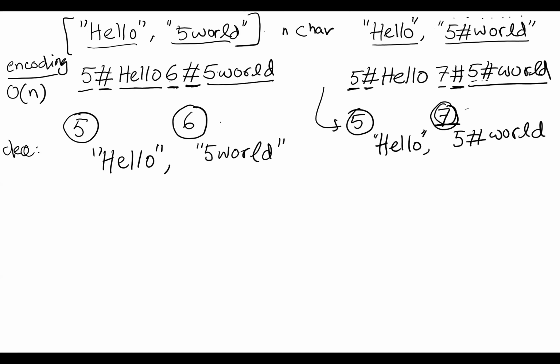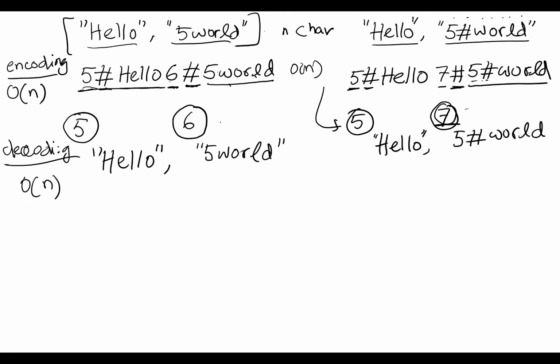For the decoding, this is also order of n characters in the encoded string. I'm just reading this order of n characters and making substrings out of that. So that's also order of n, right?